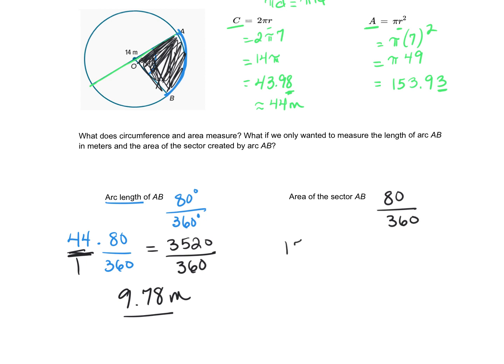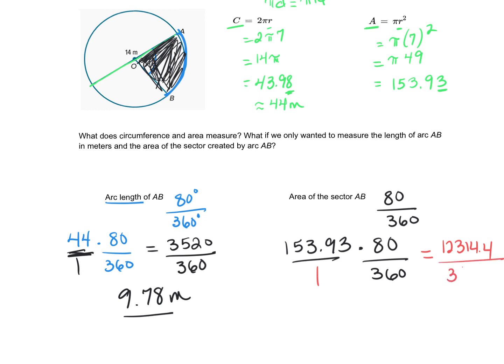So I'm going to take 153.93 and multiply it times 80 over 360. Put it over 1, multiply straight across. So I have 153.93 times 80, which gives me 12,314.4. And then 1 times 360 is 360.